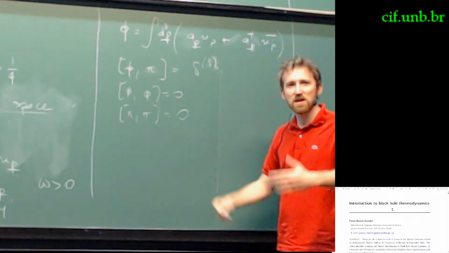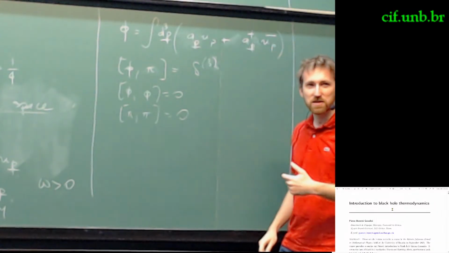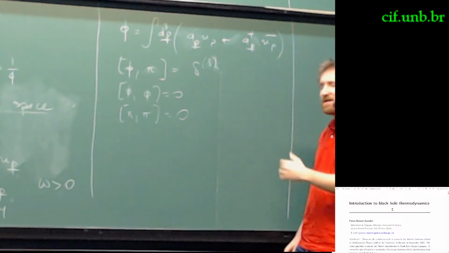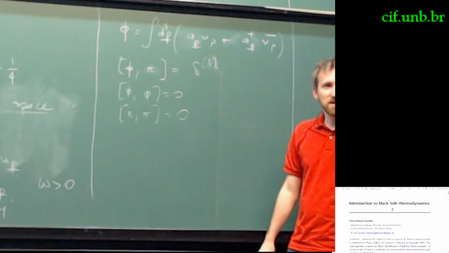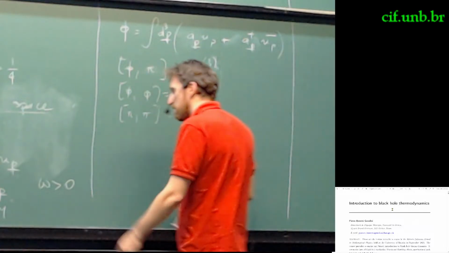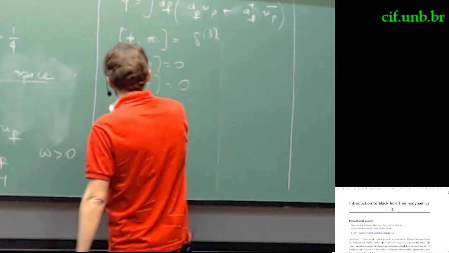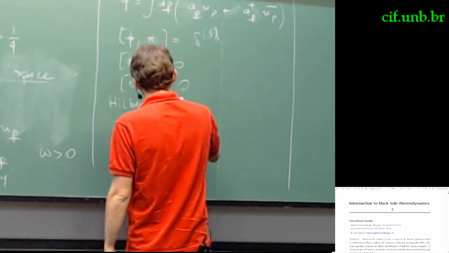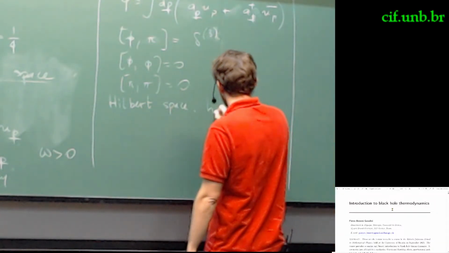You take the commutation relation, you promote this, you look at what the commutation relations are on A and A dagger, and the result is that A and A dagger satisfy the canonical commutation relations for the creation and annihilation operators. Therefore, since you have a positive definite inner product here, you can construct a Hilbert space in the same way as you do for the harmonic oscillator.